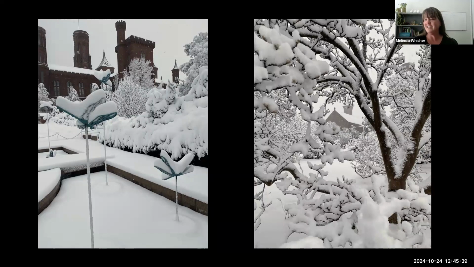The painting on the left is actually the Moongate Garden, which is right outside of the Freer. And also just the way that the linear architecture of the Moongate fountain itself kind of is accentuated by the snow being there. The other picture is one of our magnolias, and it's like that dark trunk and branches, just really contrasted by the snow.